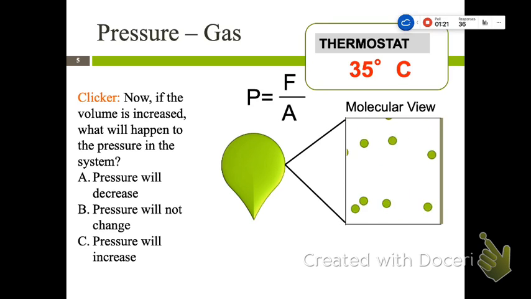Okay, make sure you click on your response. Okay, I got a question. So I'm putting more in there, but they're still going that same way. There's no more in there. We're just letting the balloon expand.